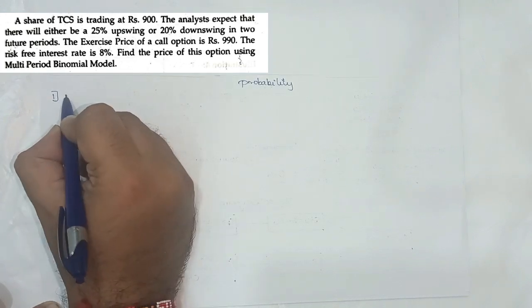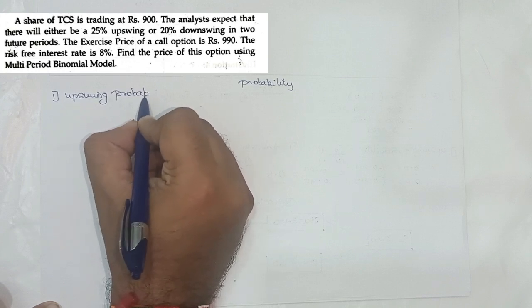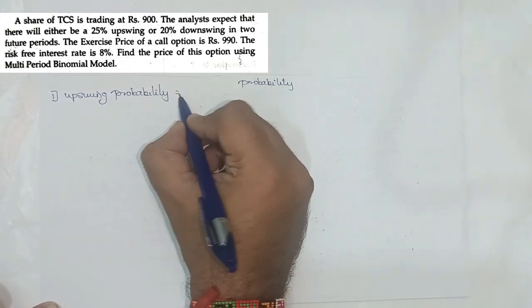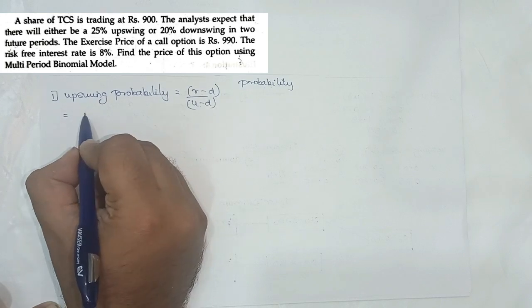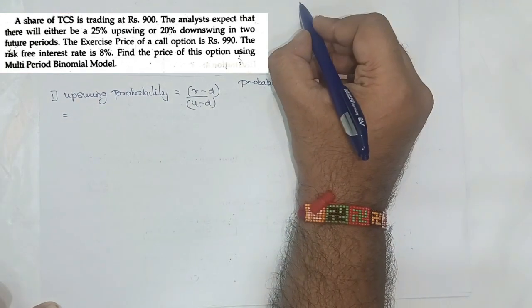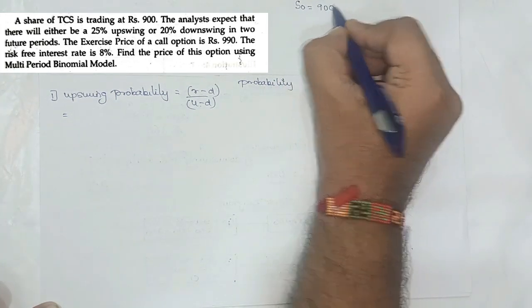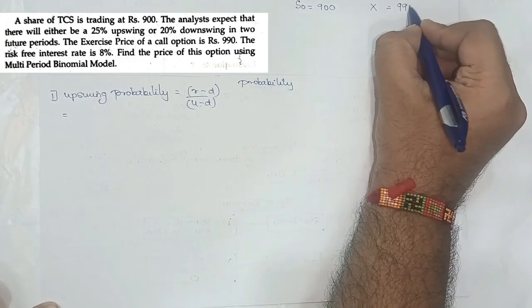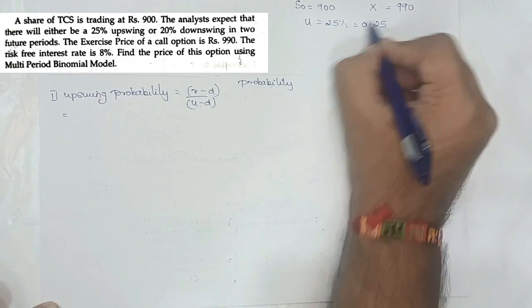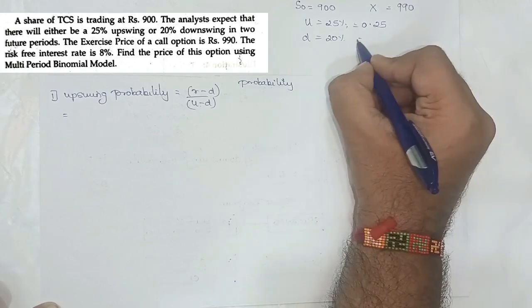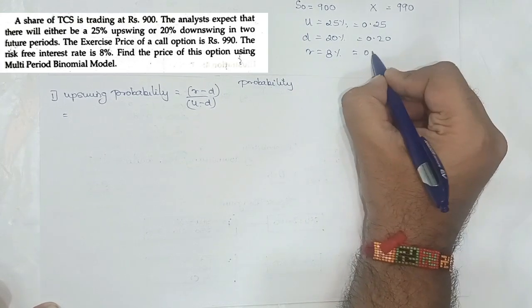Again, first for upswing, the upswing probability formula is R minus D upon U minus D. Now as per the data, we'll note down again what was given to us. S0 was 900, X was 990, the upswing was 25%, which is 0.25, downswing was 20%, which is 0.20, and R was 8%, which is 0.08.